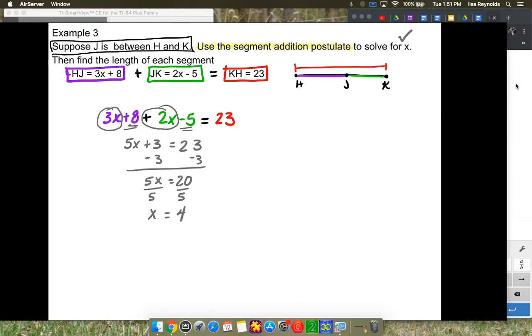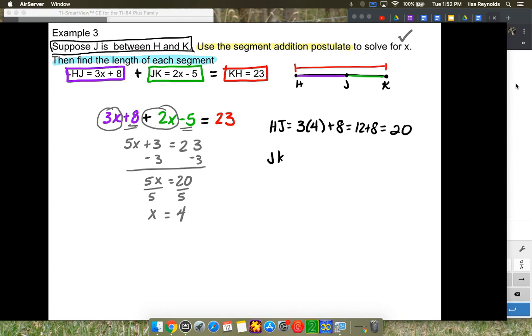So we've solved for x, but notice that there is another set of instructions here. We are also asked to find the length of each of our segments. So don't forget to go back and finish this part. So we have our 3 segments, HJ, which is 3 times the value of x plus 8. So this is 12 plus 8 to get 20.